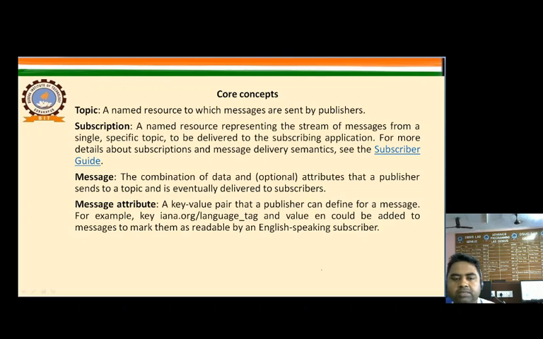The fourth one is a message attribute, a key-value pair that a publisher can define for a message, for example, key language tag and value added to the message. So these are the core concepts: message, subscriptions, and topic. We will study the topic, subscriptions, message, and message attributes in detail in this section.